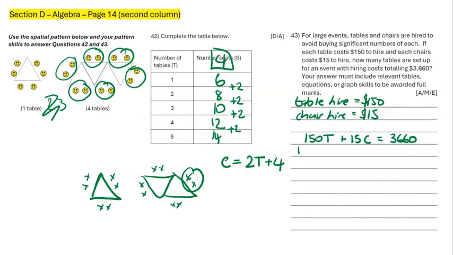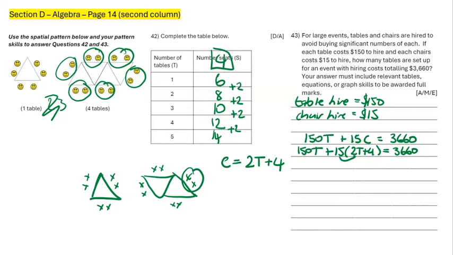So that means I've got 150t plus 15, and again, the c is going away and 2t plus 4 is going in its place, and that must be equal to 3,660. Now this is looking a lot better because I've got an equation, and there's only one letter, t. There's two of them, so I need to simplify it, but I've got one letter left, so that's perfect.